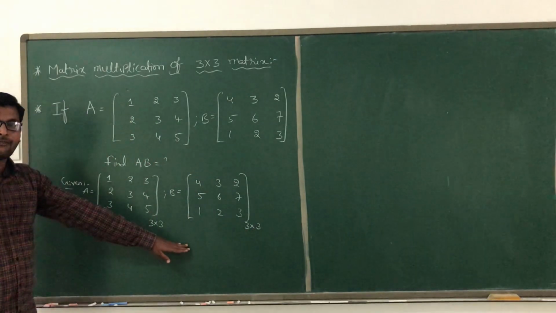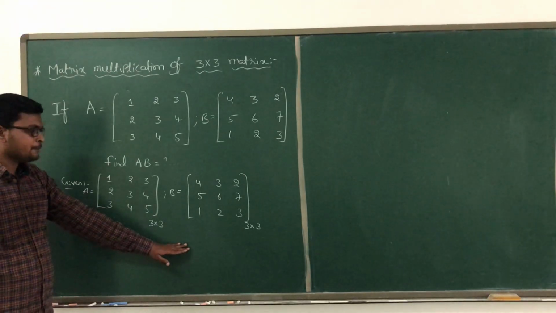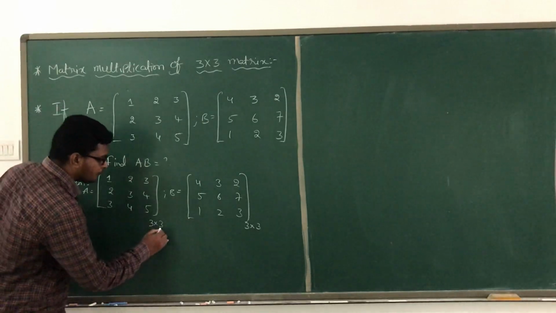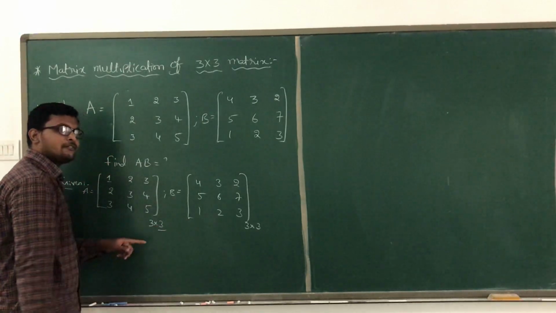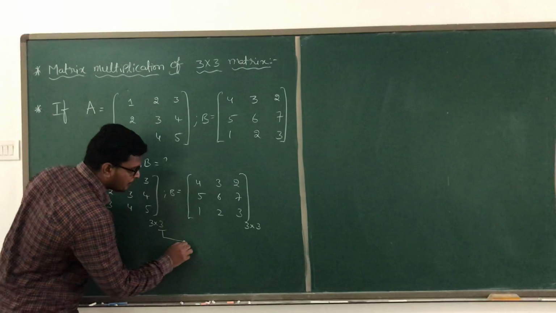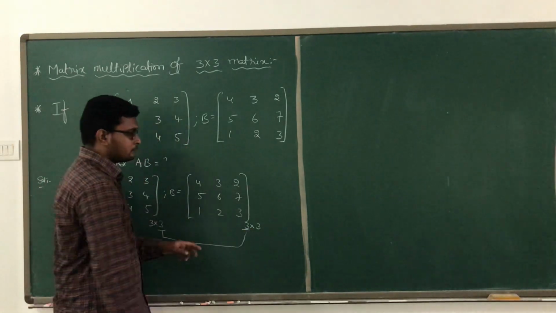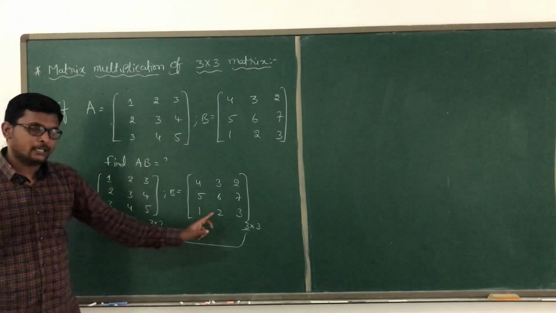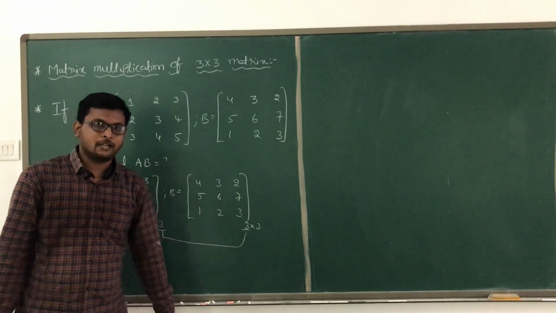First step, in order to do multiplication, we have to check whether the number of columns of the first matrix is equal to the number of rows of the second matrix or not. If they are equal, then only matrix multiplication exists.